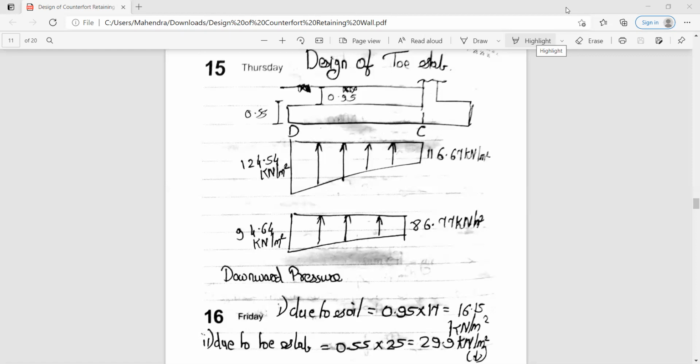When you had done for the width of the toe slab you got 2.1. Then height of the toe slab.